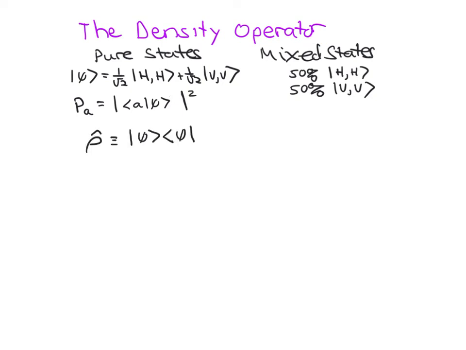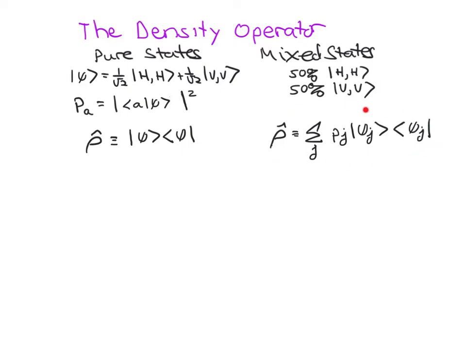So when dealing with pure states, we define the density operator, we'll call it rho hat, by definition as just this combination, a ket and a bra. And taken together, this thing acts as a quantum mechanical operator, the density operator. And then following the notation in Beck, we'd like to generalize this definition of the density operator to apply to the situation in which we're dealing with mixed states.